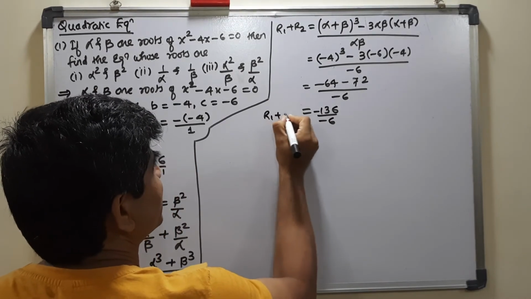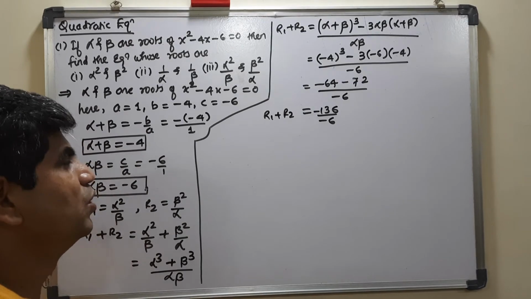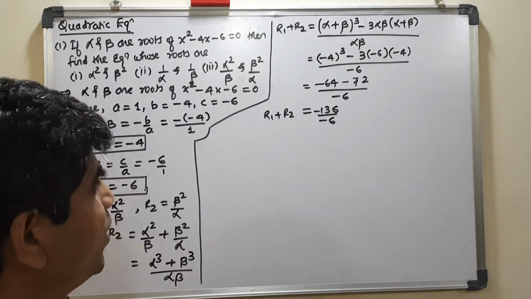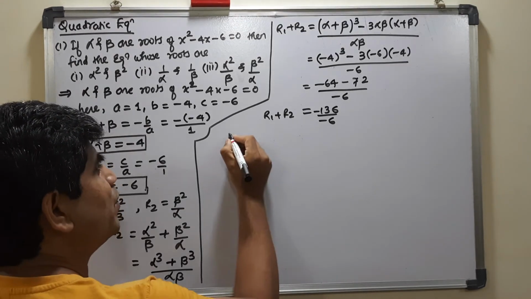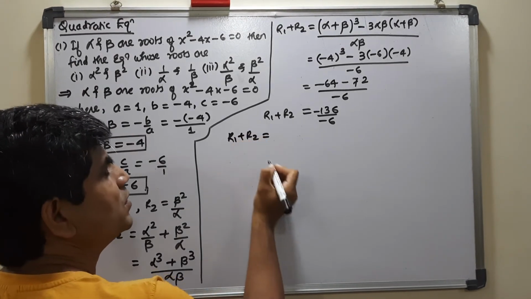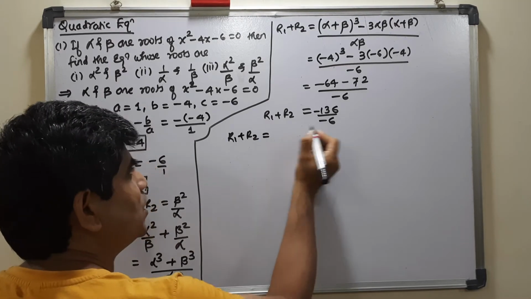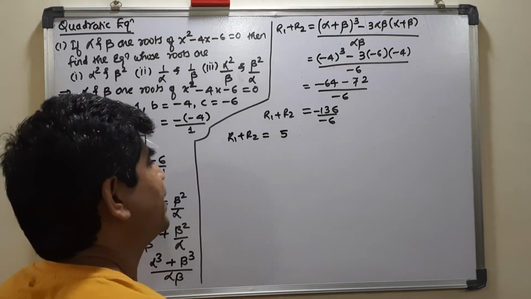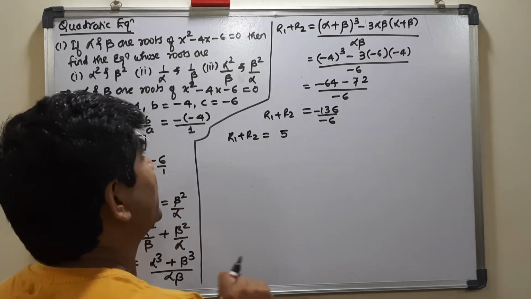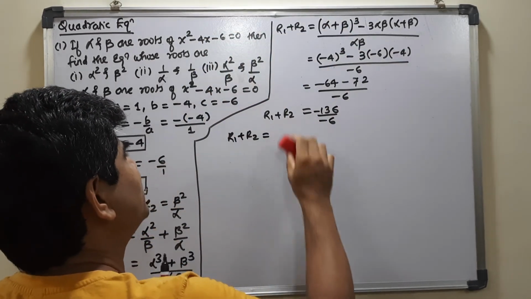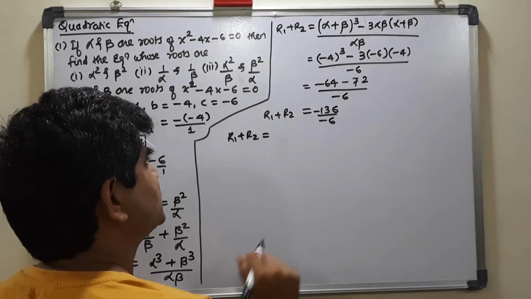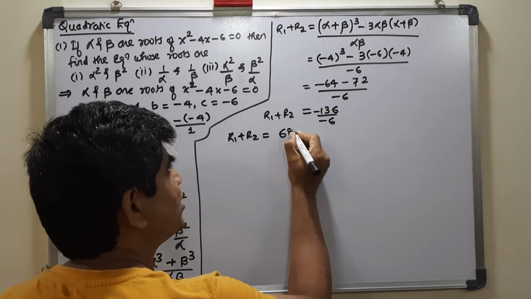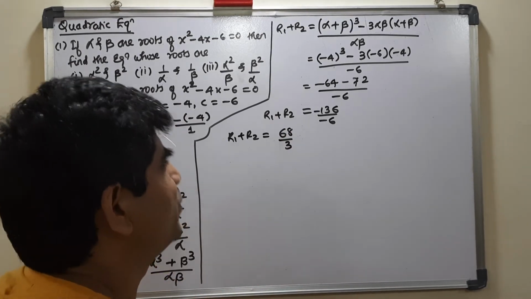This is your R1 plus R2. It will not go with 3, so by only 2, you get your R1 plus R2 as 2 6s are 12, 2 8s are, upon 3. It is 68 upon 3.